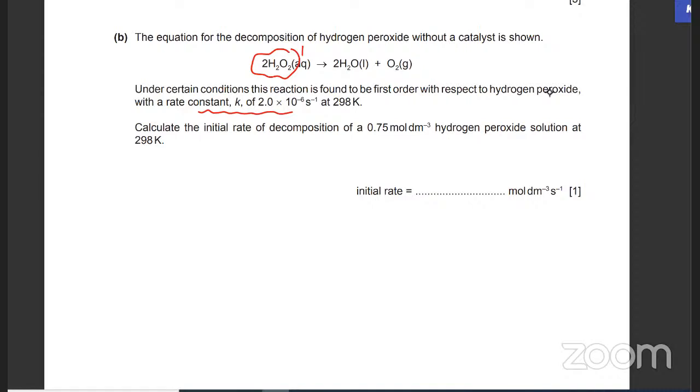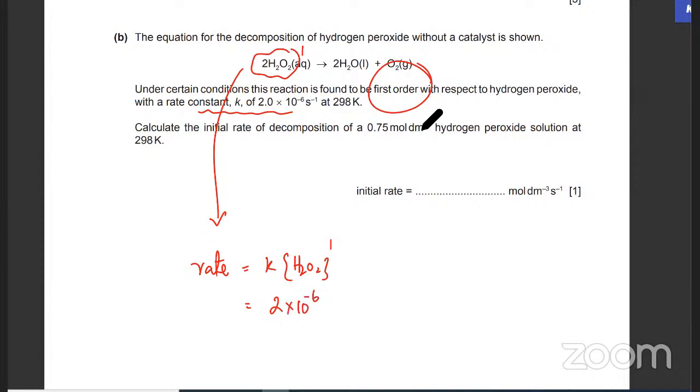So that's easy. There's only one reactant, right? So the rate is only dependent on this particular reactant, which is H2O2. And the power is 1. The order is given, it's first order, right? So since it's first order, they gave us the value of k, that's 2 times 10 power minus 6. And they gave us the H2O2 concentration as well.